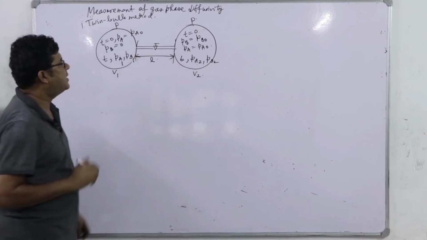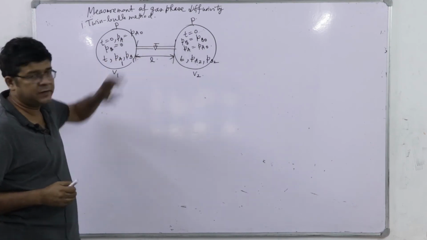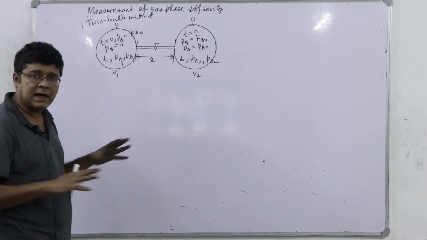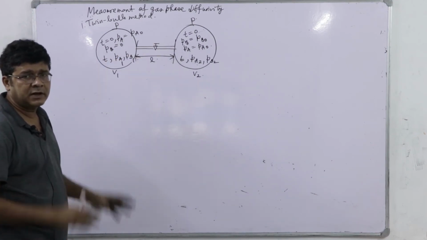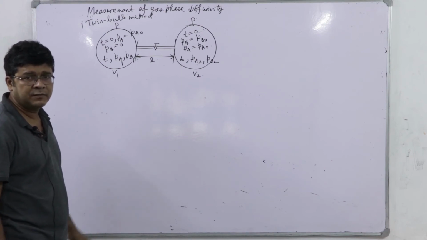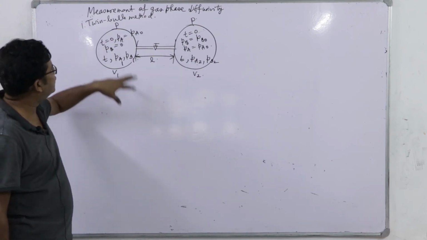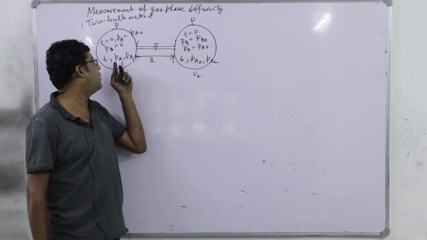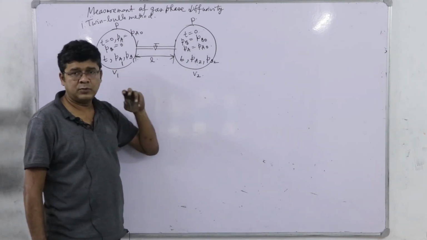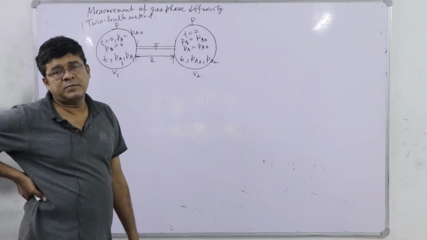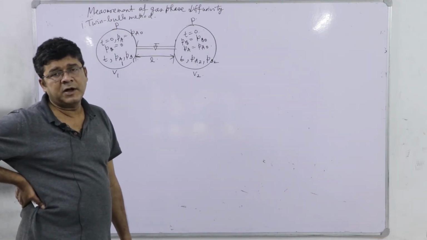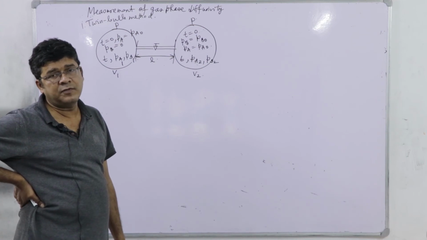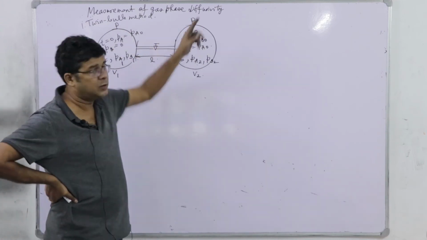Now, see, at time t equal to 0, the valve is closed and we open the valve, allow the diffusion for some finite interval of time, and then again close the valve. Then we measure the partial pressures, that is, we have to get the data of PA1 and PA2, because PB1 and PB2 can be obtained upon subtracting PA1 and PA2 from capital P, as we have kept the total pressure constant.